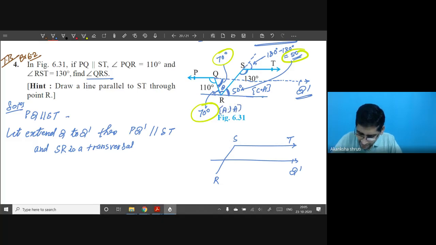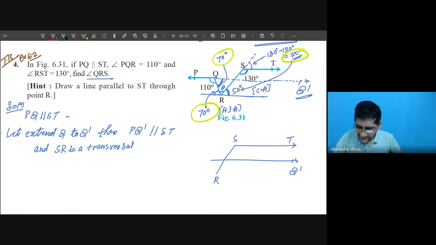Now, at R we have to apply the sum of angles as 180 degrees. When it is 80 degrees. Yes, 100, sorry. This 70 we have calculated, means this angle is 70, this angle is theta, and this angle is 50.